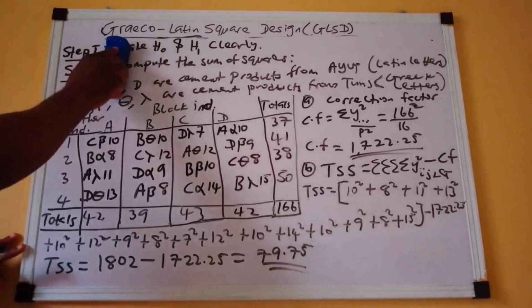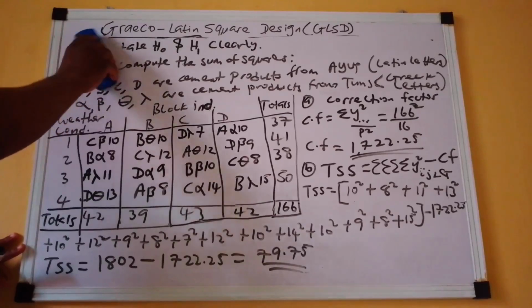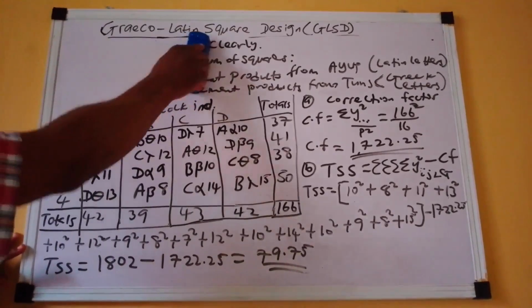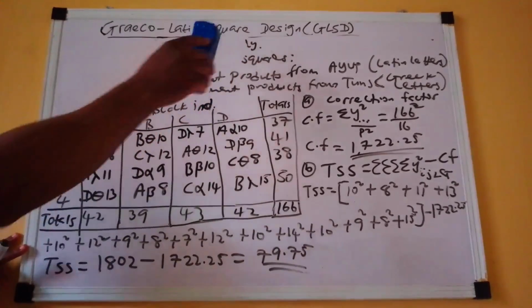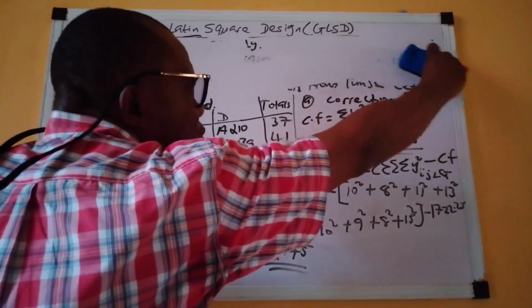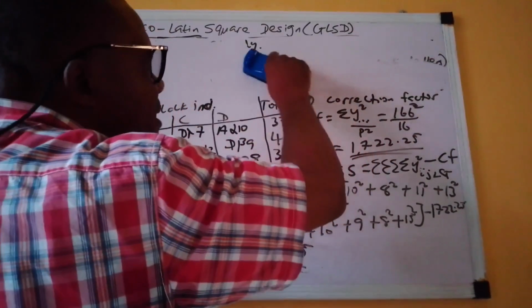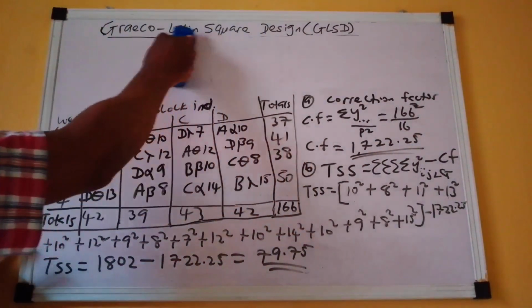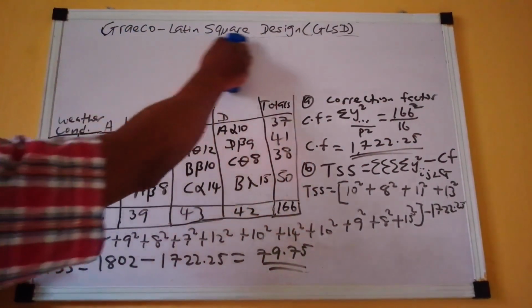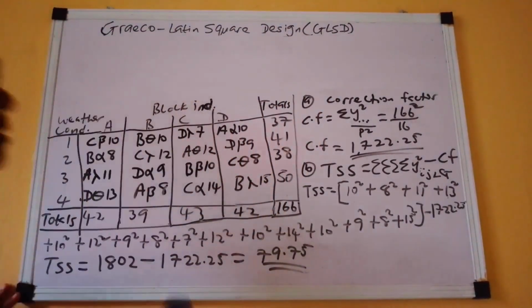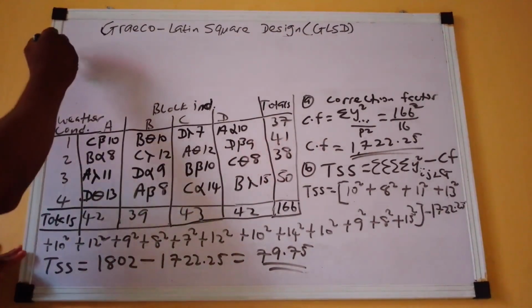Then permit me to clean this step so that we can make progress with what we are doing. Now we want to calculate the sum of square for the rows. Please take note of these values. It's very important. So now the next one is to calculate the SSR, that is the sum of square for row.